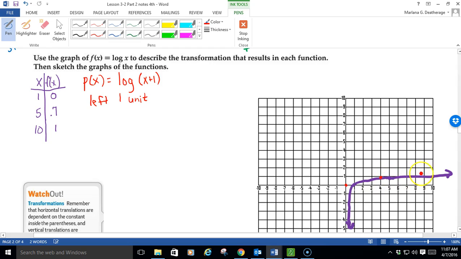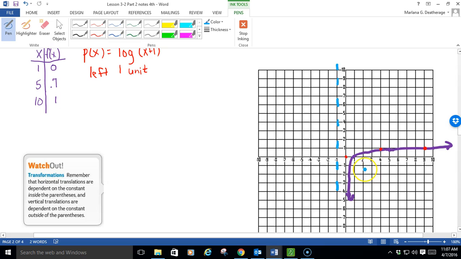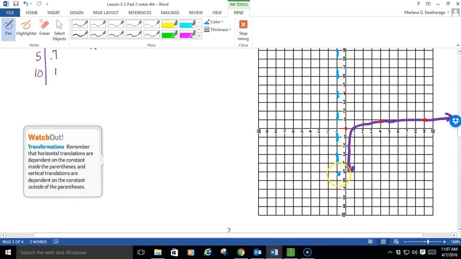Our asymptote will change. It moves to the left 1 unit also. So instead of the y-axis, your asymptote is at -1, which also changes your domain. Your domain, instead of being from 0 to infinity, is now from -1 to infinity.